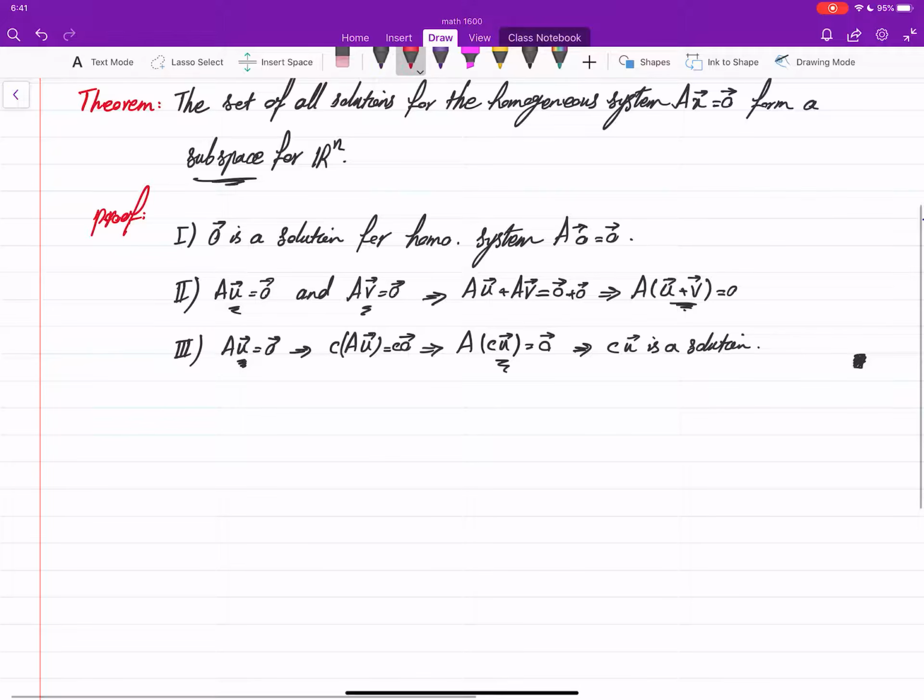And now that we know that, we can give the definition.